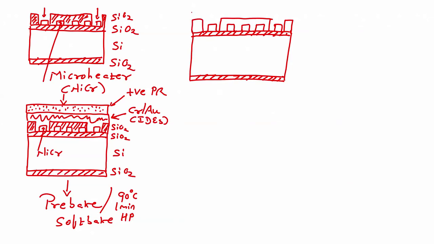On that we have chrome gold, on that we have photoresist. Let me just draw a little bit thinner silicon dioxide, so that we have enough space.